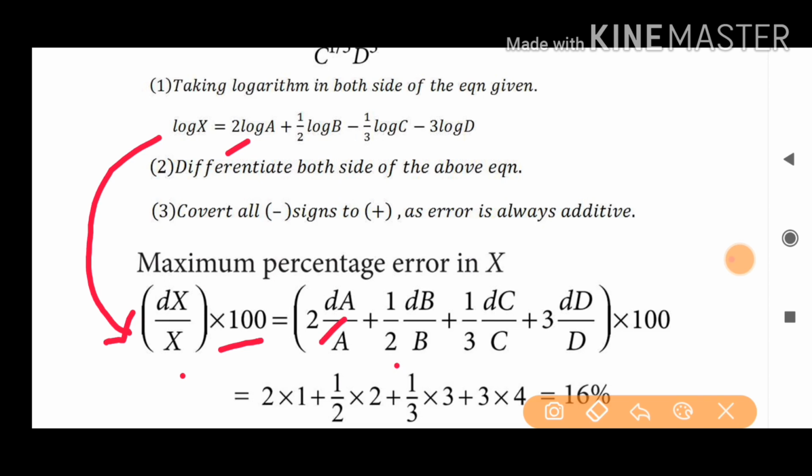Similarly, half of dB by b, plus, the plus sign is for the error. Error is additive, so here we convert this negative sign to plus, this negative sign to plus, and 1 by 3 dc over c, and 3 dd over d, and similarly here 100 is for percentage error.